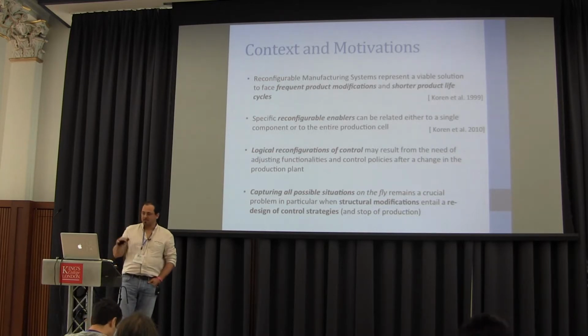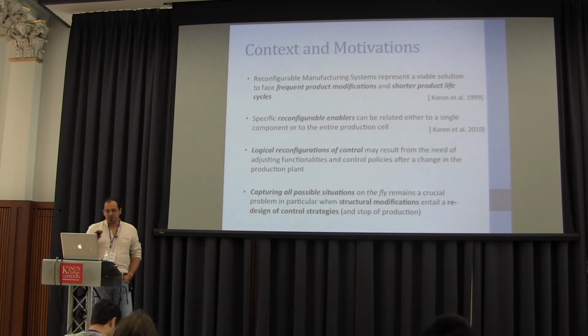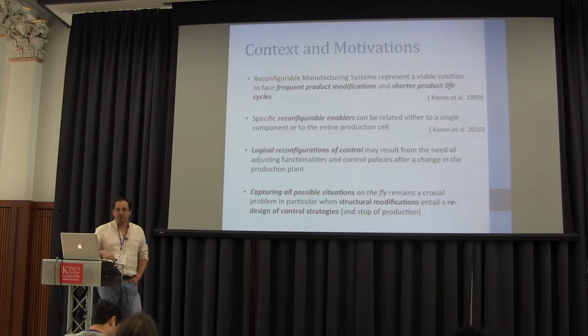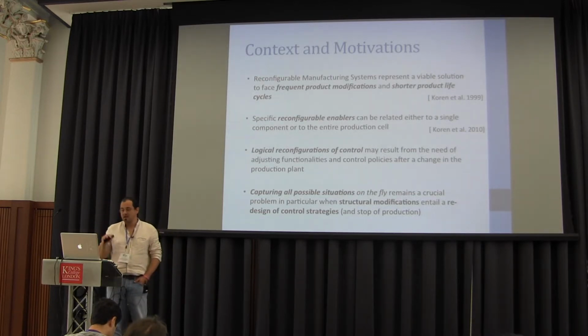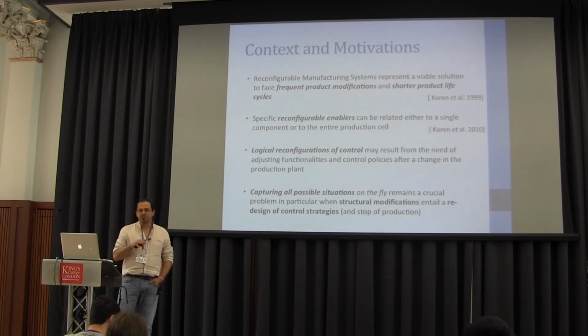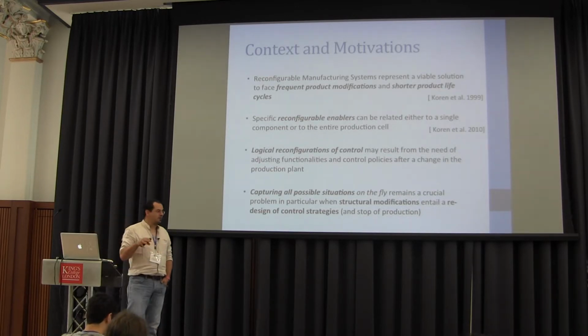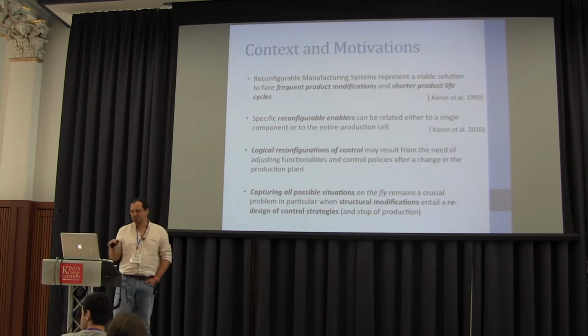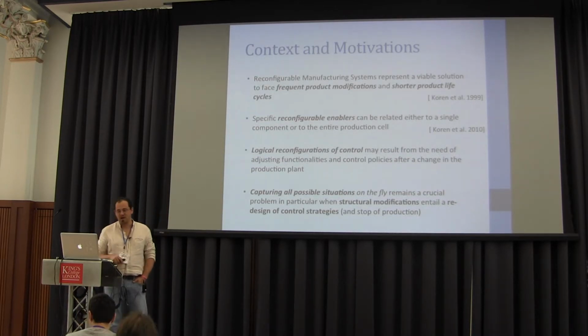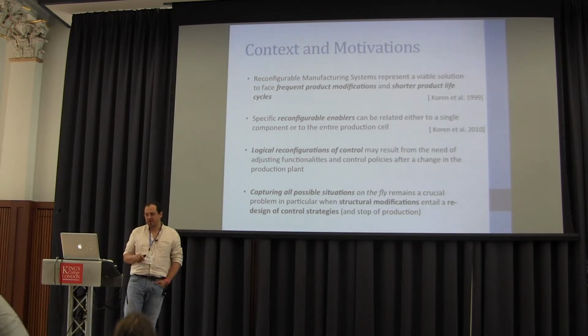So, as has been envisaged, the usage of specific reconfigurable enablers, which are both hardware and software technological solutions, endows the manufacturing system with specific adaptive features that are able to face such kind of production cell.